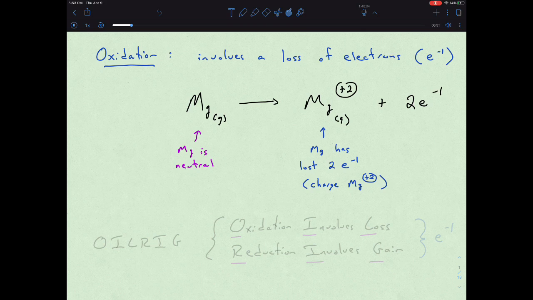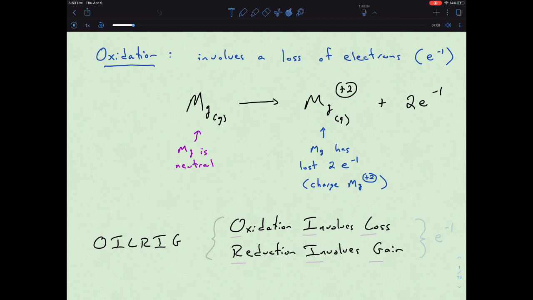And a common mnemonic that I remember all the way from high school from my fantastic chemistry teacher, Mr. Daskovich. He definitely pushed me in this direction. Oxidation involves loss, and reduction involves gain.